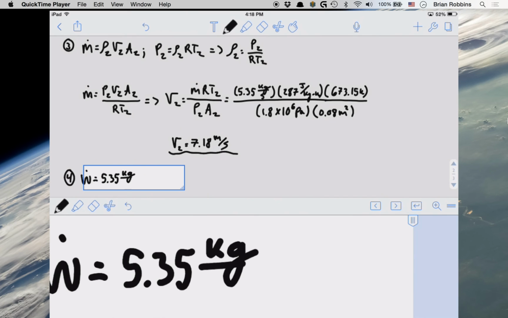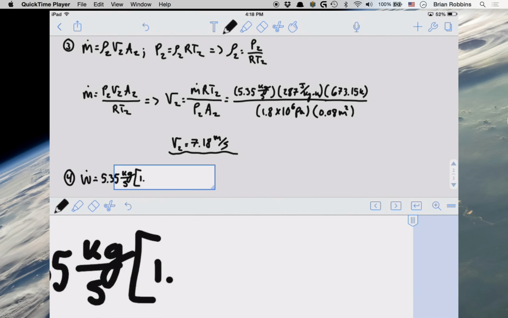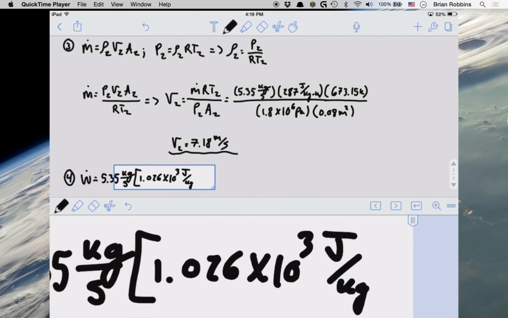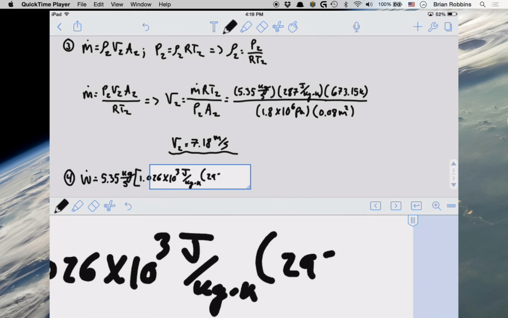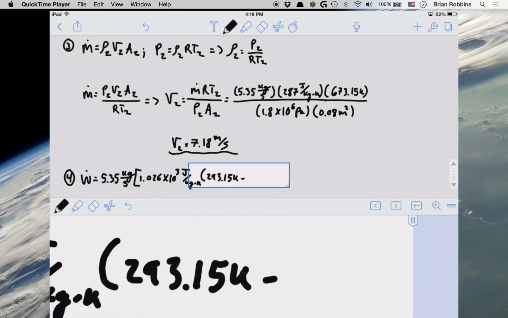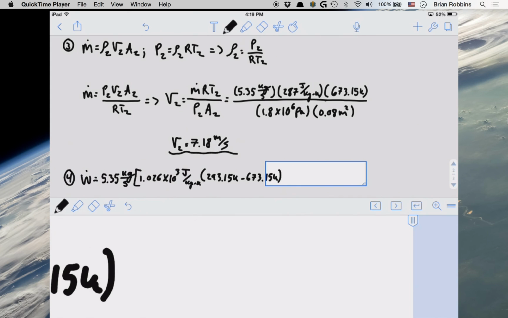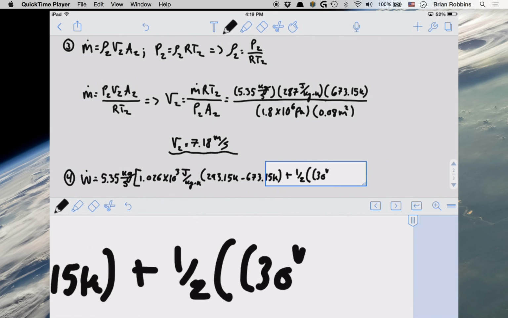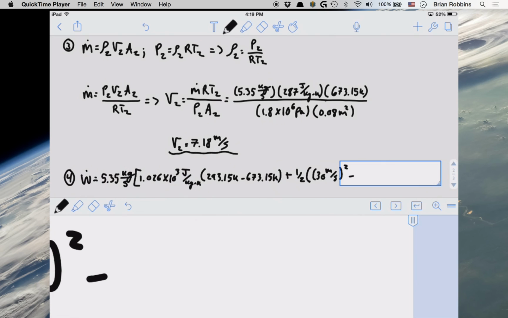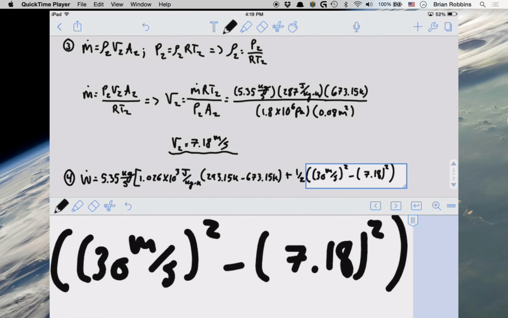5.35 kilograms per second times our specific heat at constant pressure for air times our temperature difference, plus 1/2 our v1 velocity squared minus our v2 velocity squared, so the difference in our squared velocities.